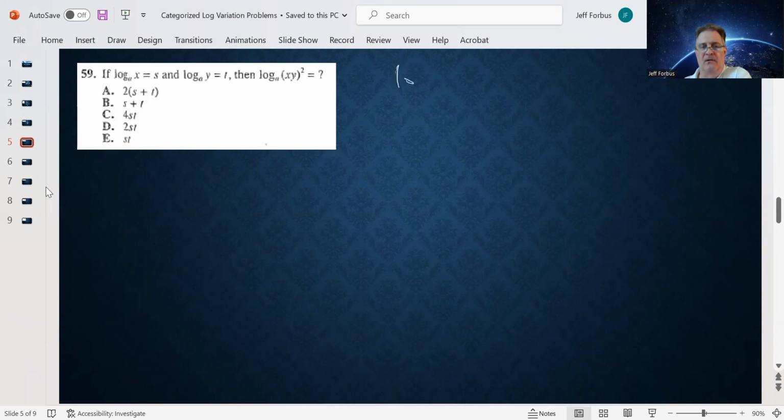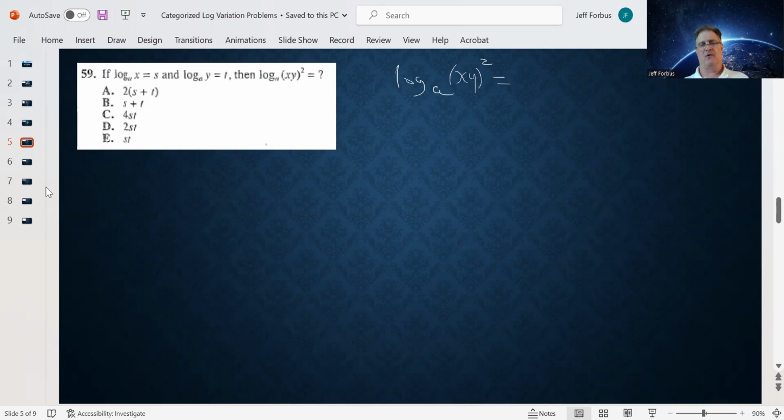We have a product rule because we've got x times y, and we've got the power rule because we're squaring it. So we have to rewrite this logarithm.